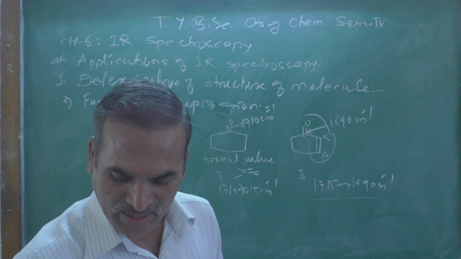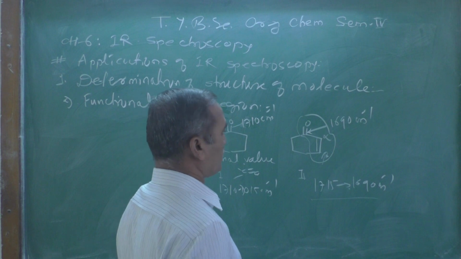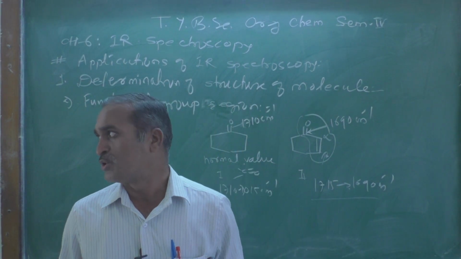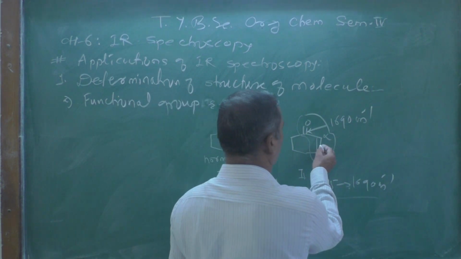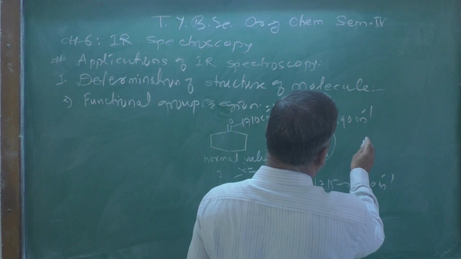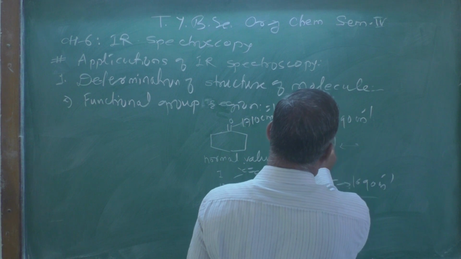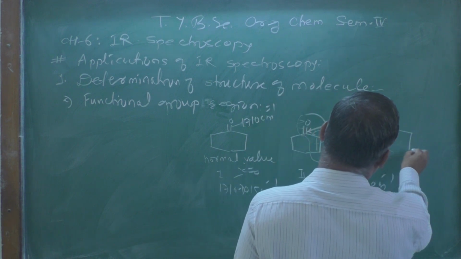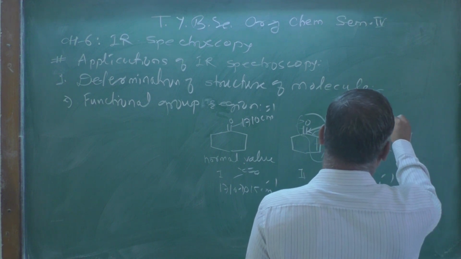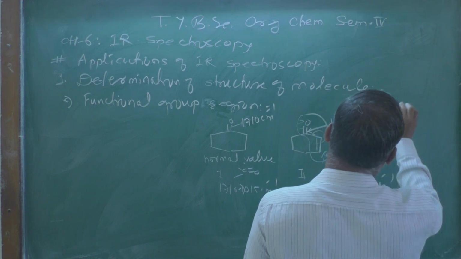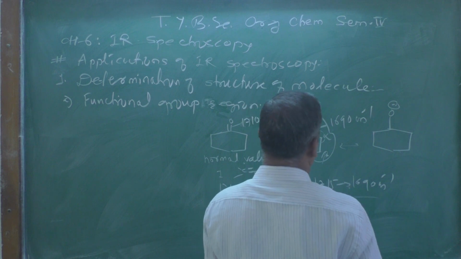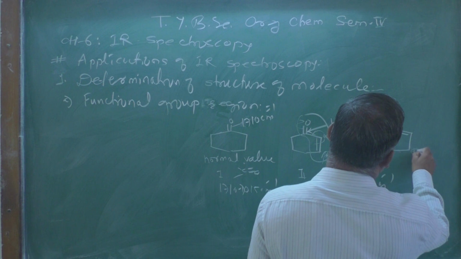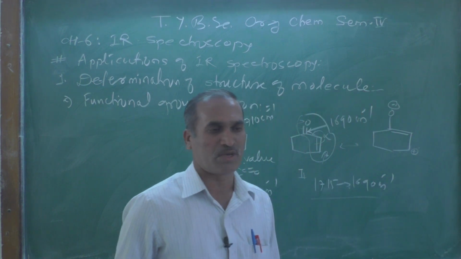As we know, in an alpha beta unsaturated compound there is a resonance structure. If you draw the resonating structure of this compound, what you will observe is O minus, because the oxygen atom is more electronegative than the carbon atom, and at the beta position there will be a positive charge.